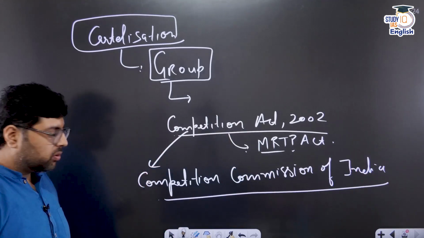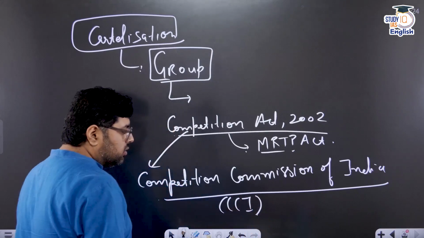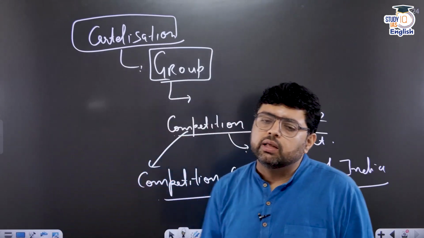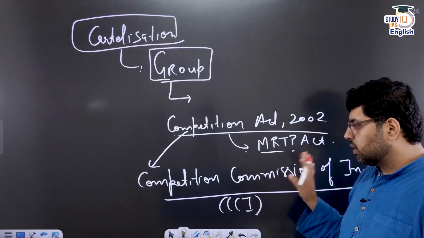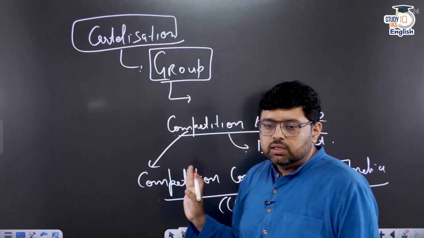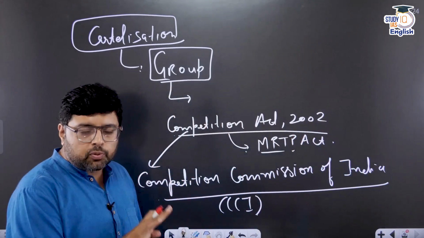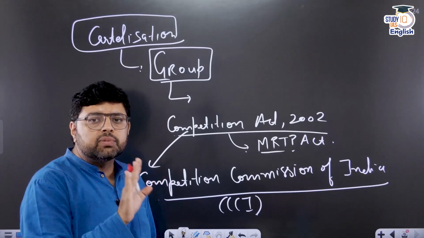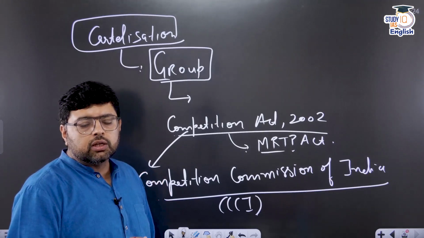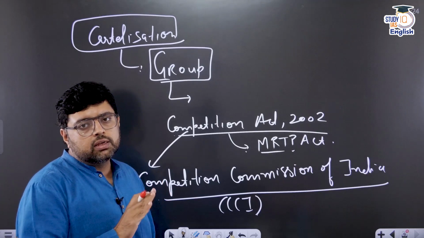So this is what you have to remember. You see that CCI remains frequently in the news. So you have to remember this Competition Commission of India. Clear? CCI is responsible, or its mandate is to ensure fair business practices. So there should be no unfair practices. This is the role of CCI.